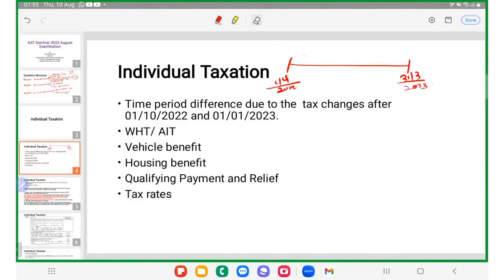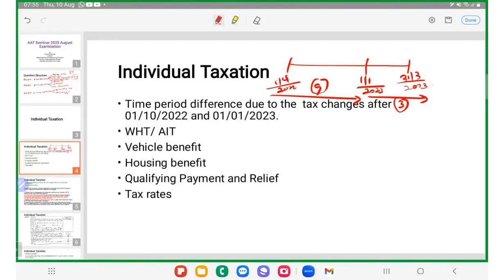Most of the changes arise after 1st January 2023. Some lecturers and institutes teach that you need to do 2 calculations, that means 9 months using the old tax rules and 3 months using the new tax rules.